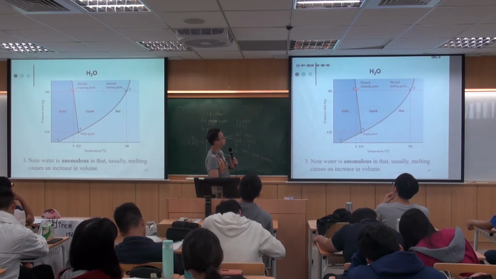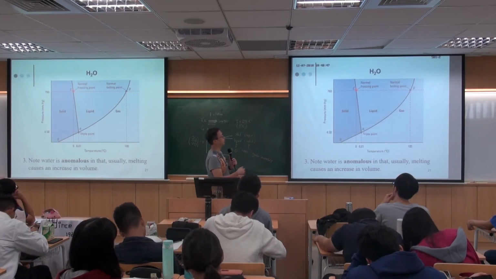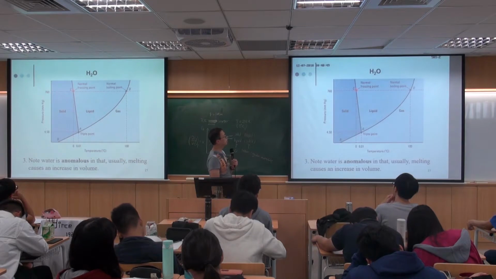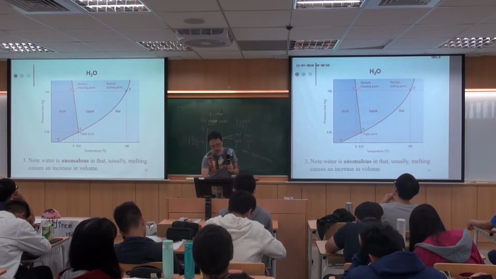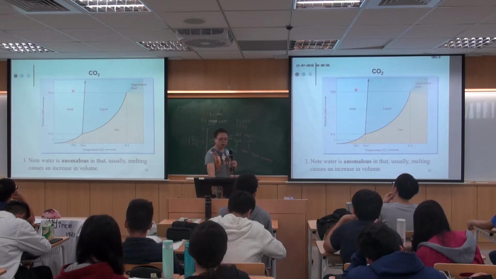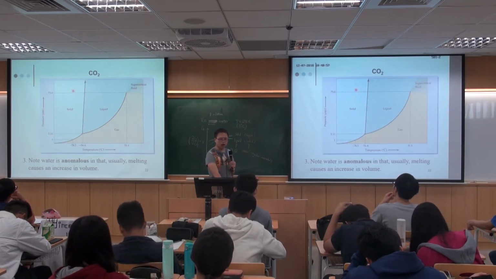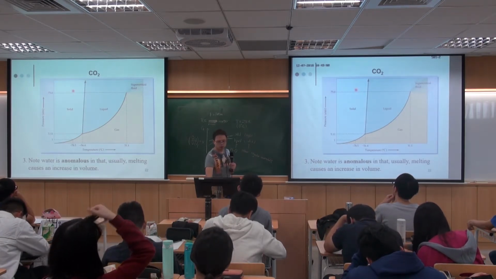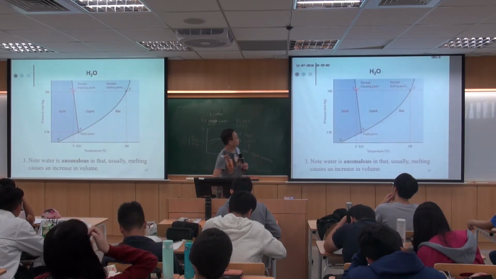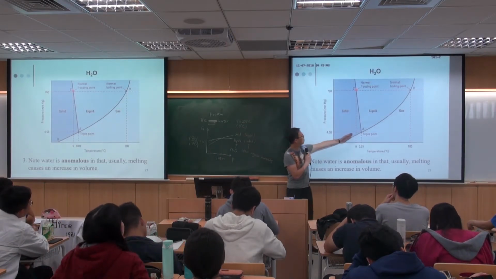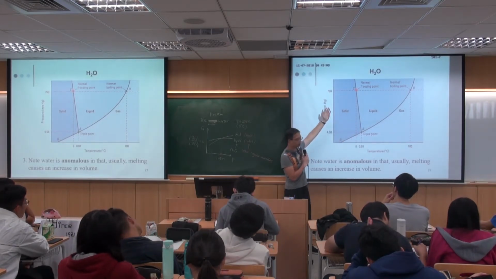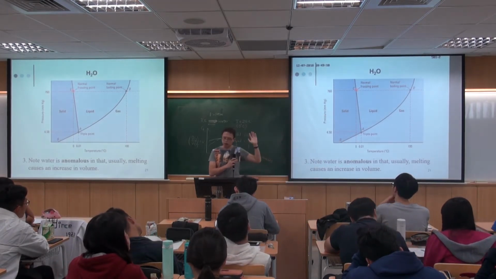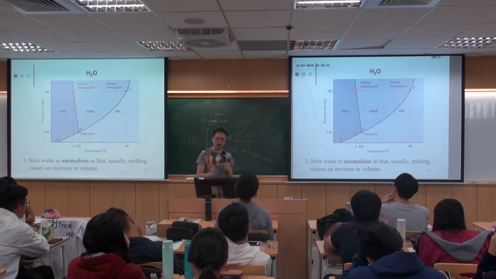So when you increase the pressure, typically you will get more water than ice. For regular materials, typically you'll have a positive slope. Here you have a negative slope, because this borderline is going up to the left, so the slope is negative.